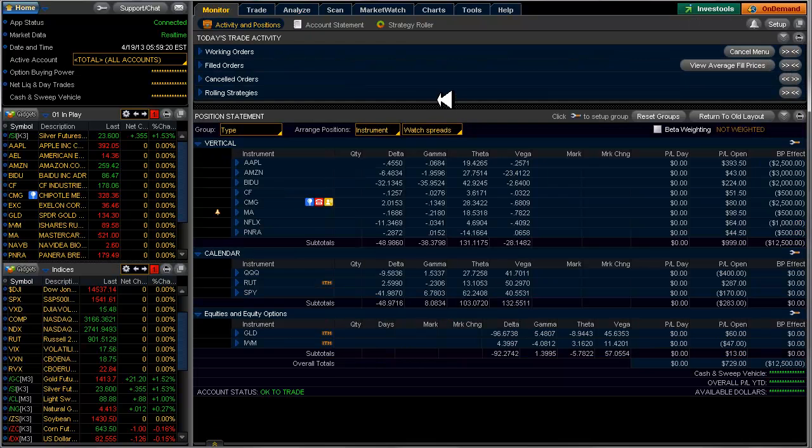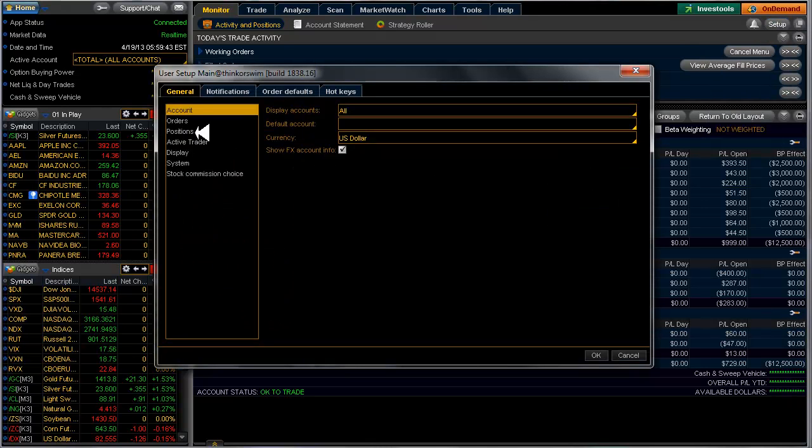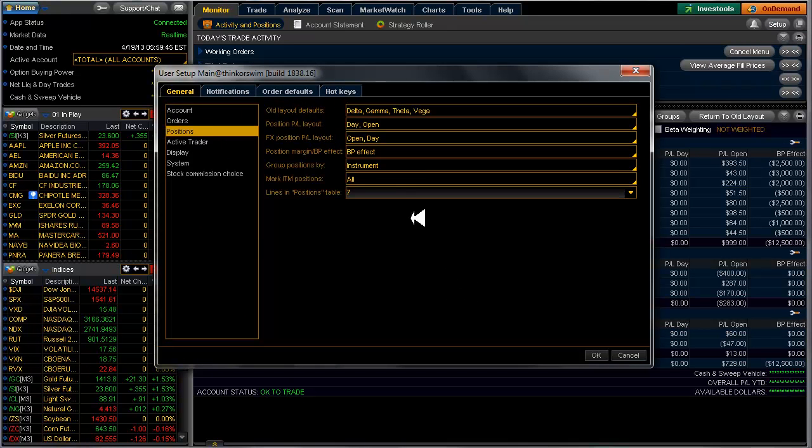I wanted to thank Sasquatch for cluing me in on how to fix my profit and loss day and profit and loss open here on the monitor page. I don't know how they got flipped, but it happened a while back, and the way to do that is through setup and application settings, and then down to positions, and look at the position P&L layout.